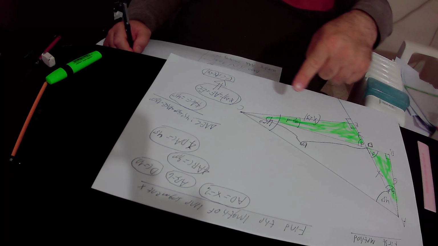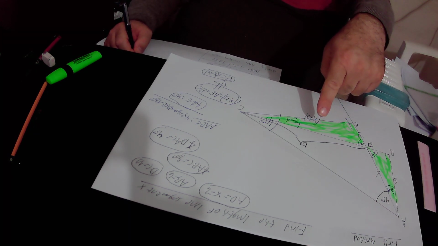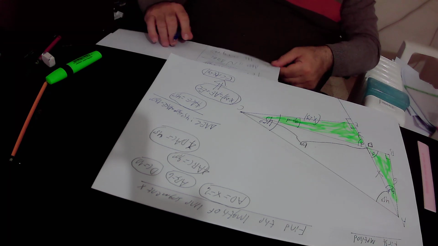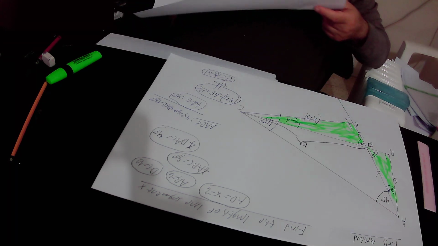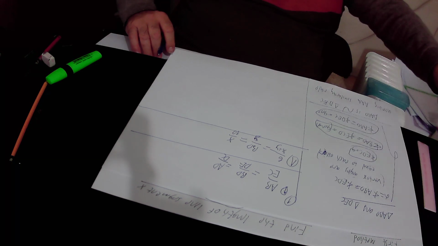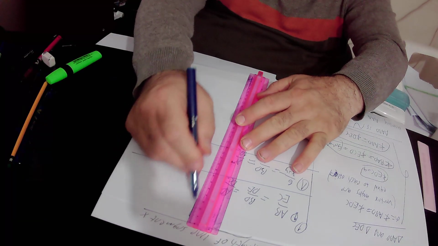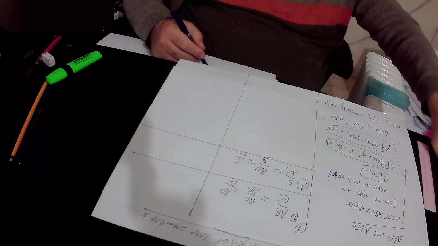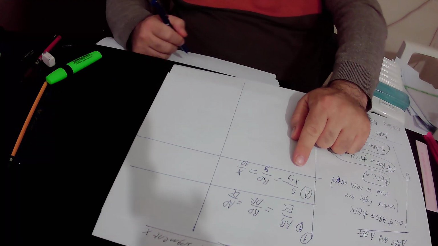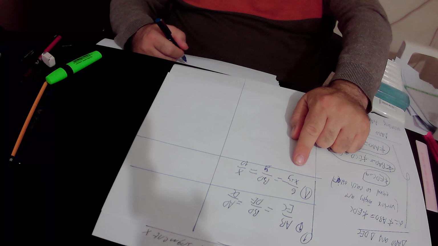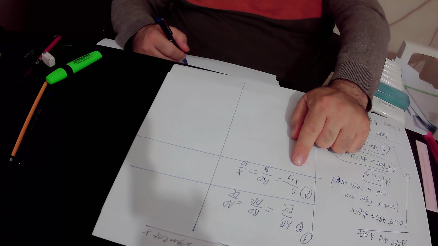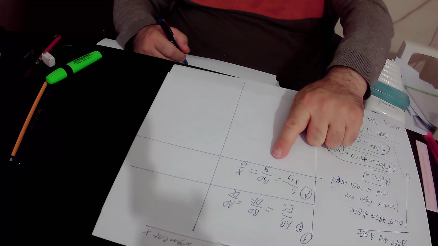DC equals 10 units according to the question. So in conclusion, according to equation number 1, we found out that 6 over x plus y equals BD over y equals x over 10.